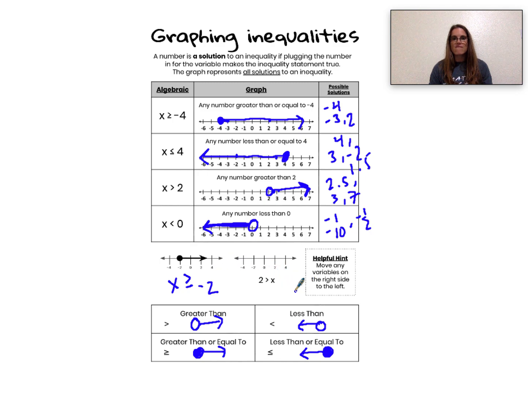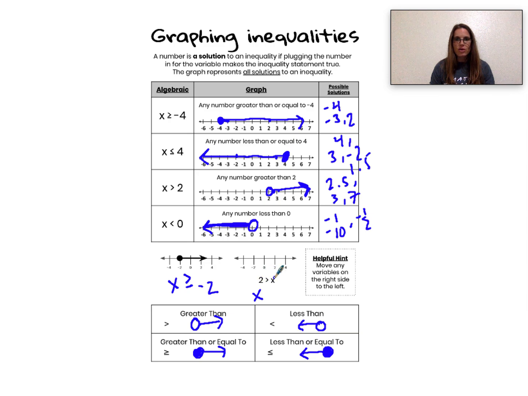This is a very important hint, which is that we need to move any variable on the right side to the left, and actually I will require that. Students think they don't need to do this, but almost all of the time, if students don't do this, they will graph this incorrectly. So we want to go ahead and rewrite it with the variable on the left.